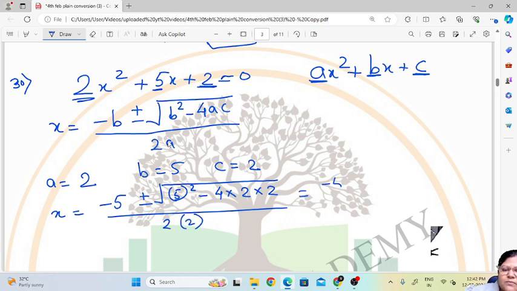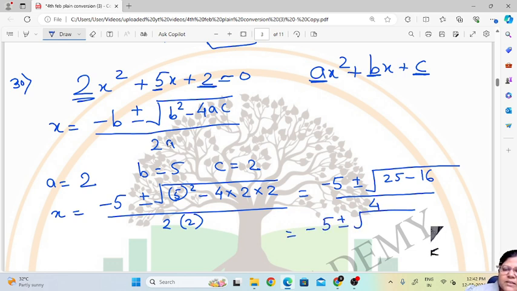First we will solve the under root. 5 square, that means 25, minus 4 times 2 is 8, 8 times 2 is 16, upon 2 times 2 is 4. Now solving that again, 25 minus 16 is 9. Now what is root 9? Root 9 is nothing but 3, positive 3, negative 3.